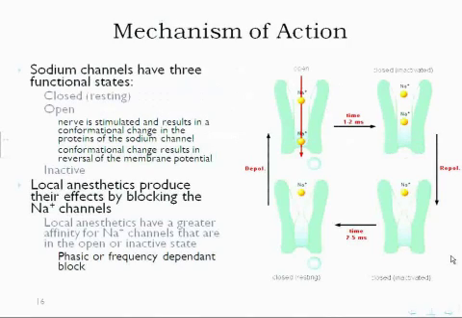So here's how the local anesthetics will tend to work. The sodium channels by themselves have three functional states. They are closed, open, or inactive. And we think that these sodium channels are not like the acetylcholine channels, where they have two gates. These appear to have one single gate that opens and closes.